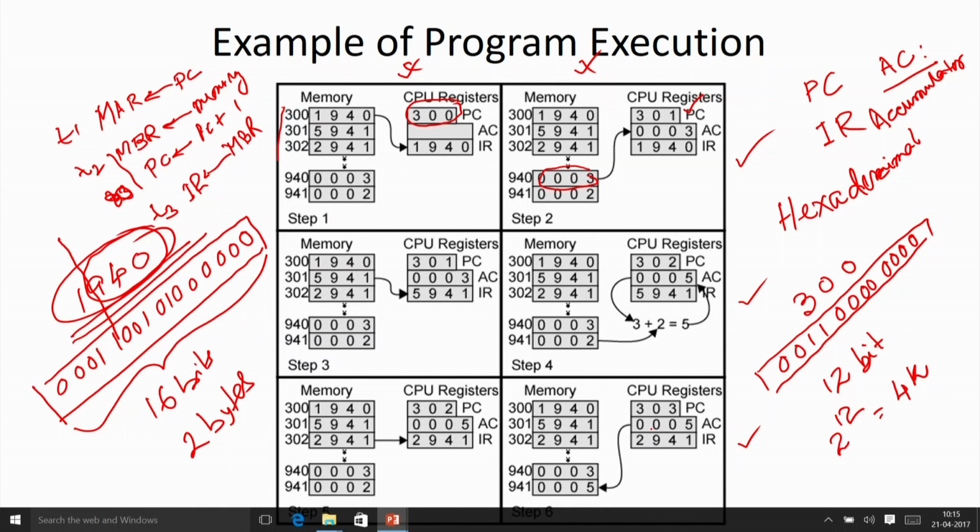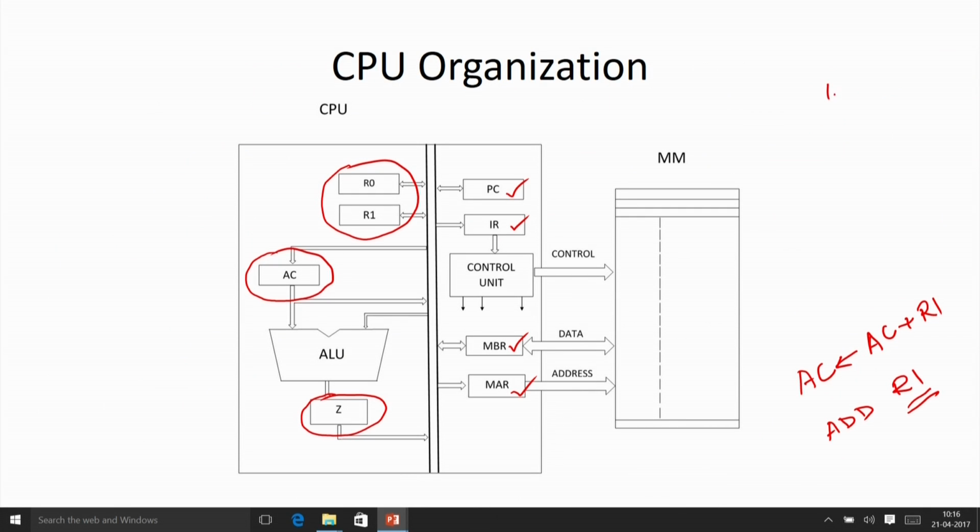Now, you just see what is happening over here. In location 940 we have 0003 and we are storing it over here. So, after fetching this instruction, 1940, what does this 1940 mean? It has two parts.